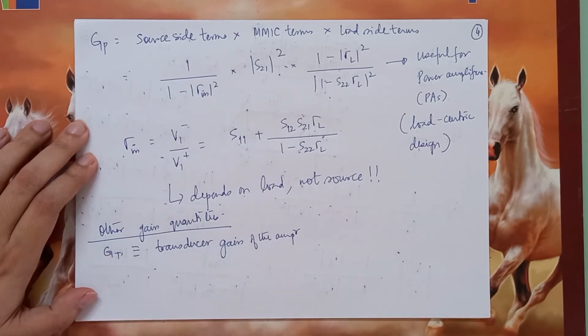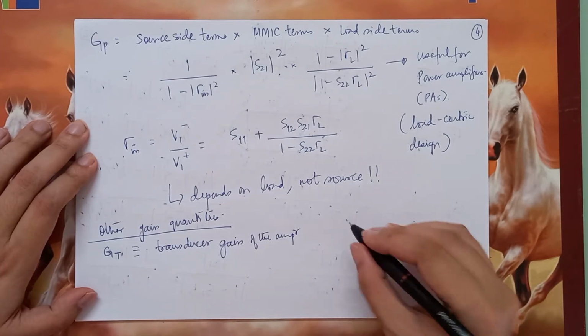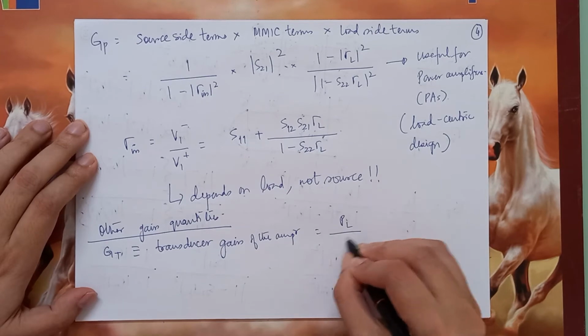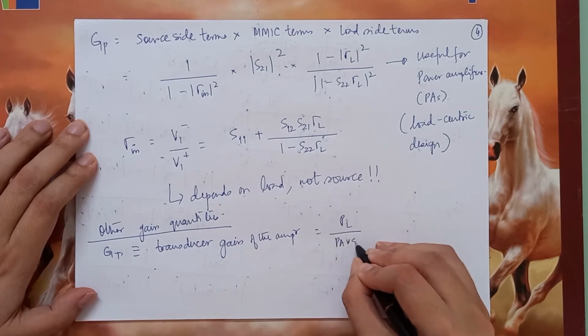Because I am writing G, they are essentially denoting power gains, which is equal to PL divided by PAVS.